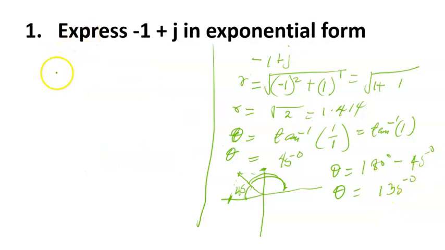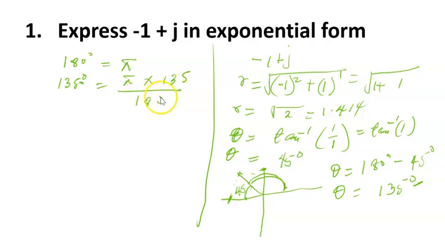Now, one important thing worthy of note is that the angle we're interested in is theta, which is 135 degrees, but it's meant to be in radians, so we're going to convert to radians. In converting to radians, I know that 180 degrees is the same thing as pi radians. So if 180 degrees is pi radians, 135 degrees will be pi times 135 over 180.